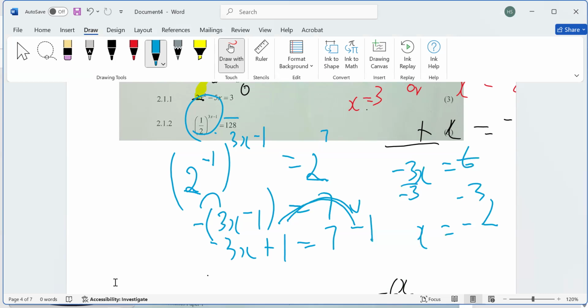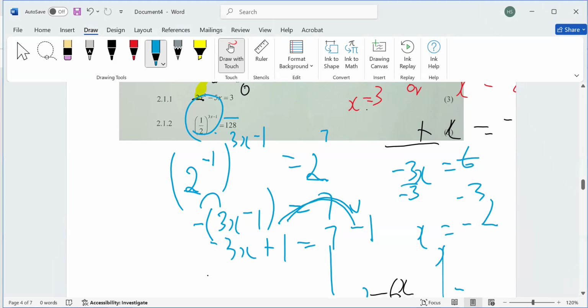Divide by 3, divide by 3, and that gives us negative. So therefore x is going to be equal to minus 2. Writing this as a prime base, simplification, dropping the exponent, and then the final answer.